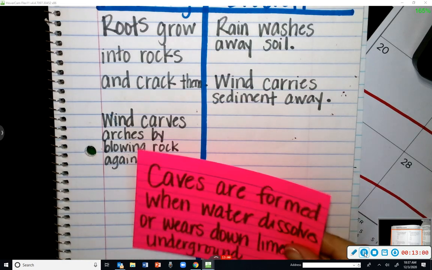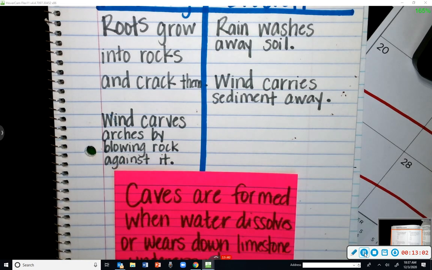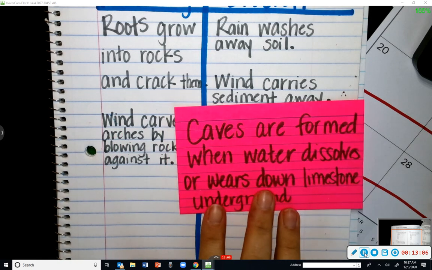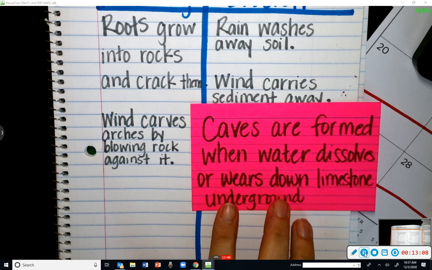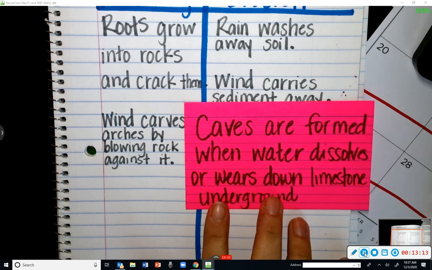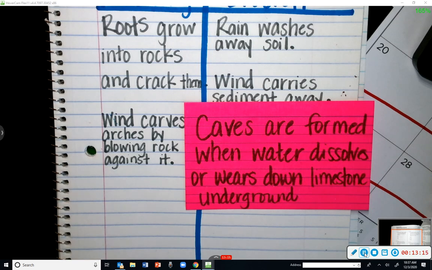Okay, here's the next one. Caves are formed when water dissolves or wears down limestone underground. Caves are formed when water dissolves or wears down limestone underground.